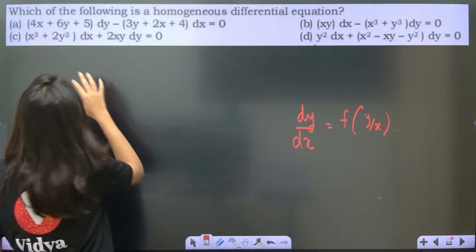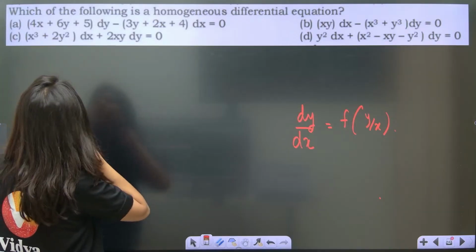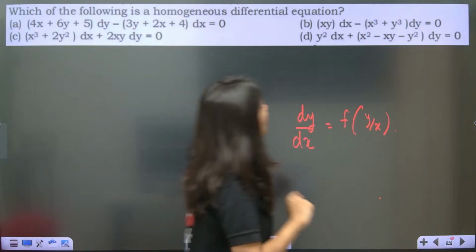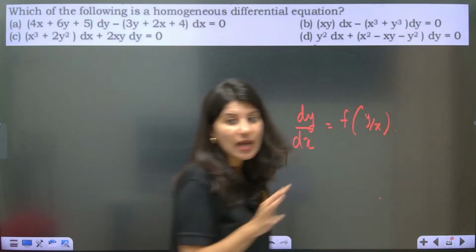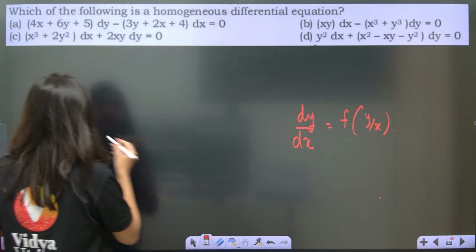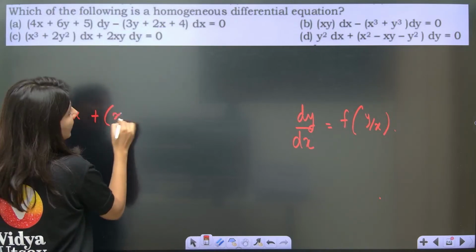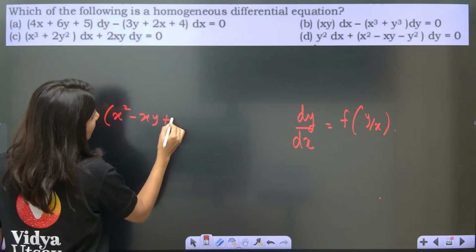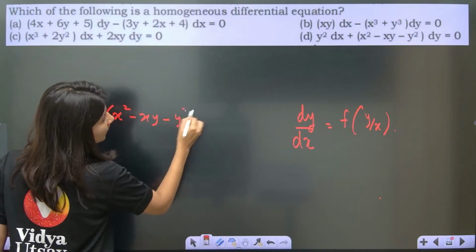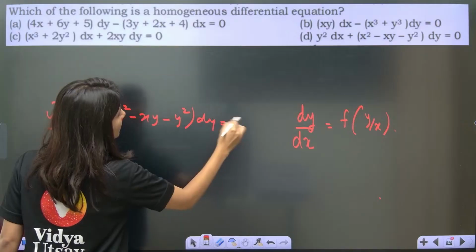Option B, it will also not happen. Option C also, it will not happen. Try option D: y square dx plus (x square minus xy minus y square) dy equals 0. Correct?